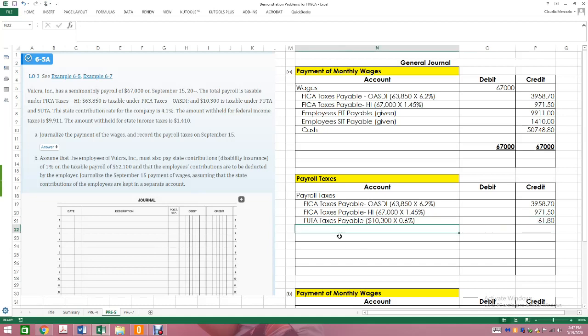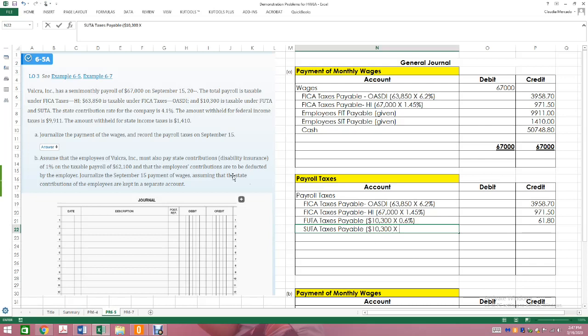And last but not least, we have our SUTA taxes payable. Okay. And once again, that's $10,300. Why is it $10,300? Because it says here that $10,300 is taxable for FUTA and SUTA. Okay?